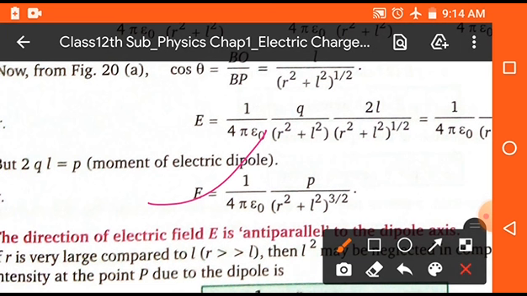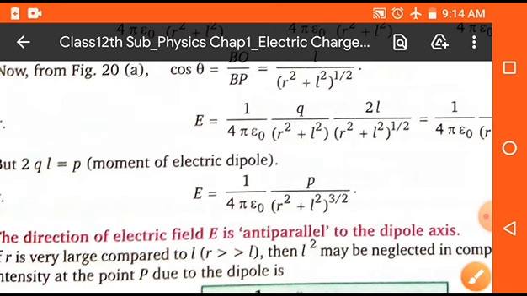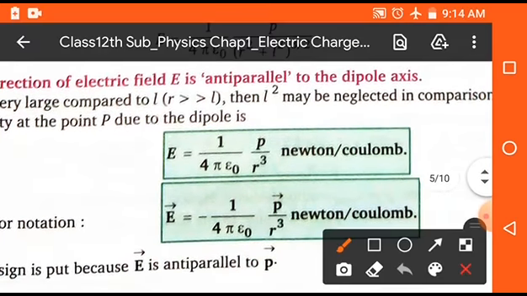In the same way, l square is very small in comparison to r square, so we can neglect l square in comparison to r square. So we will get E is equal to 1 upon 4 pi epsilon naught p upon r cube. This is the required electric field intensity at point P, which is placed on the equatorial line.